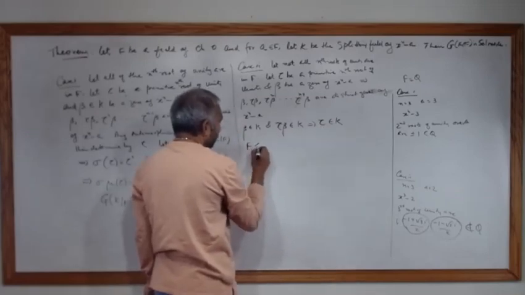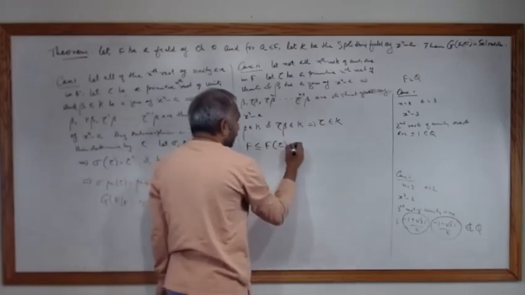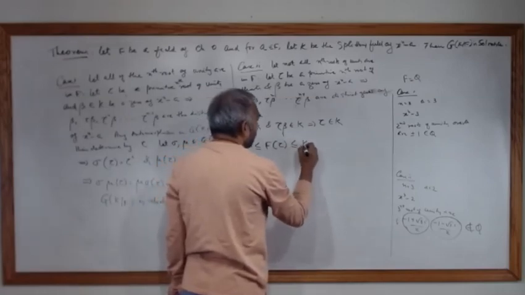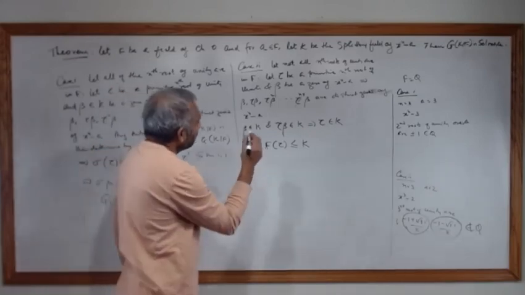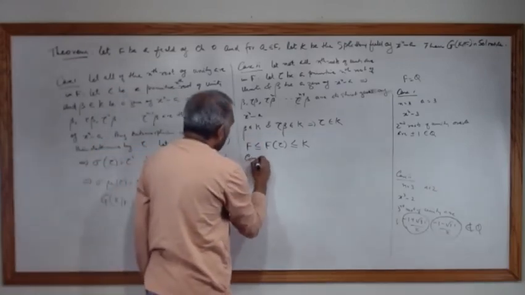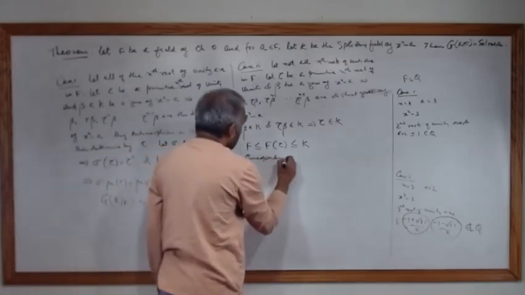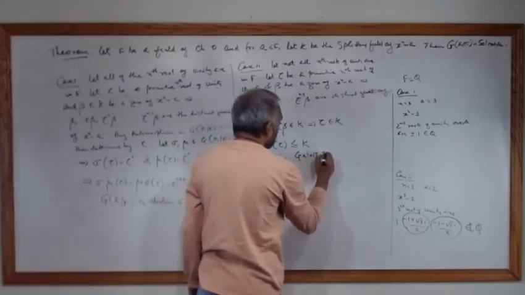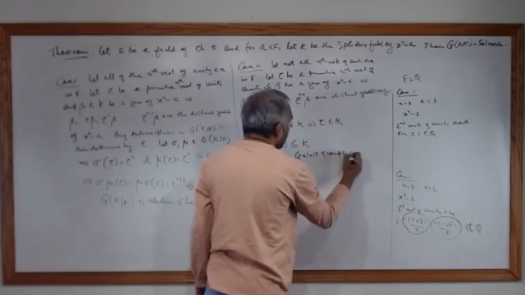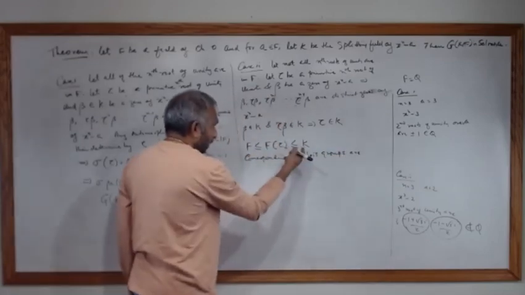So F is a subfield of F of zeta, which is a subfield of K. So the corresponding Galois groups are in reverse order.